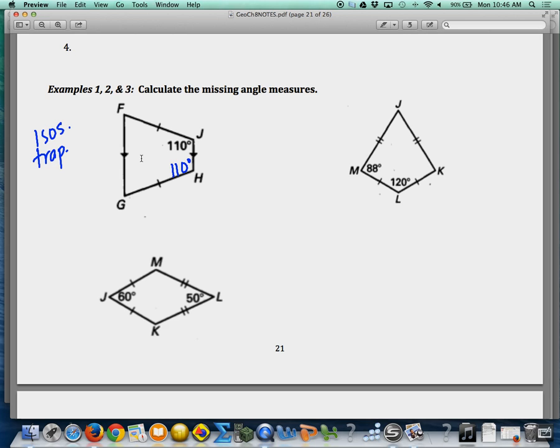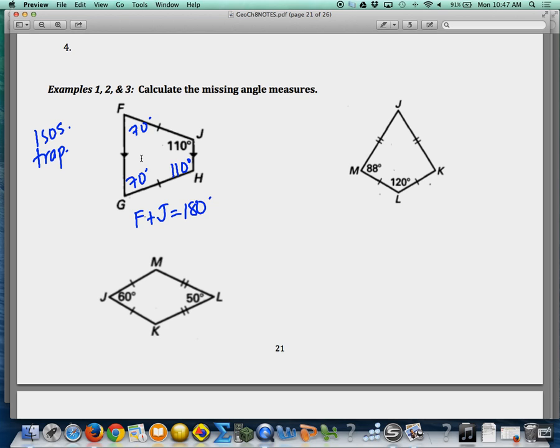You could do 180 minus 110 because J and F are non-base. Mm-hmm. And that's a property of what? Trapezoid. Yeah, so if we go back to the trapezoid properties, we know that angle F add angle J, those are supplementary. So those are gonna be 180. That's a property of every trapezoid. So if this is 110, if I do 180 minus 110, I get this angle to be 70. Now again, the base angles are congruent because it's an isosceles trap, so I get 70 again. Jordan, your way definitely works. This way's quicker.